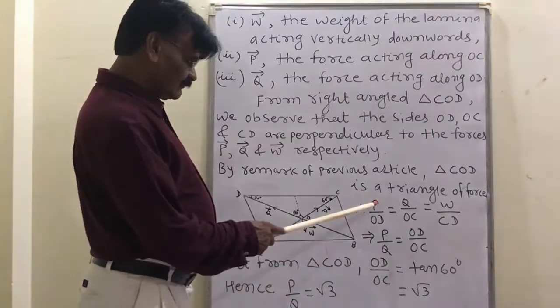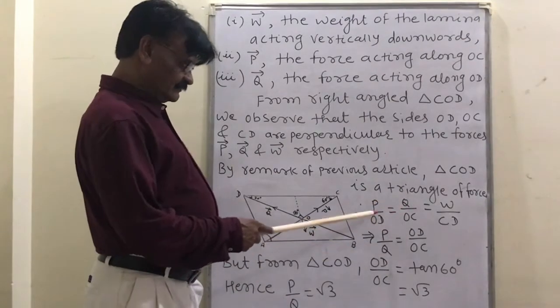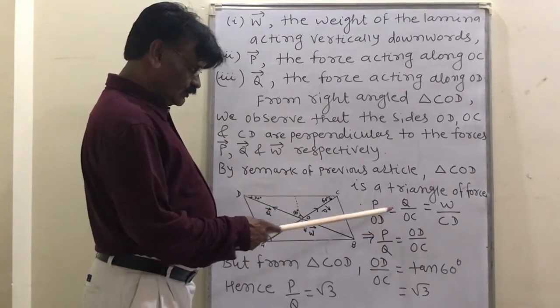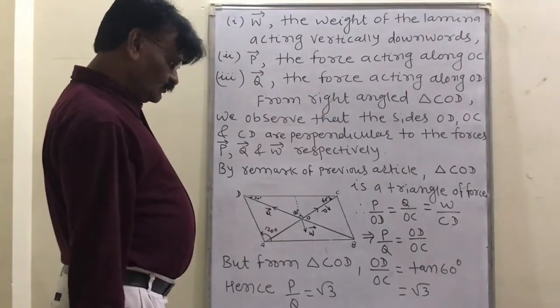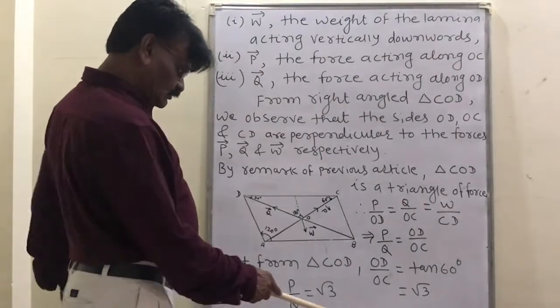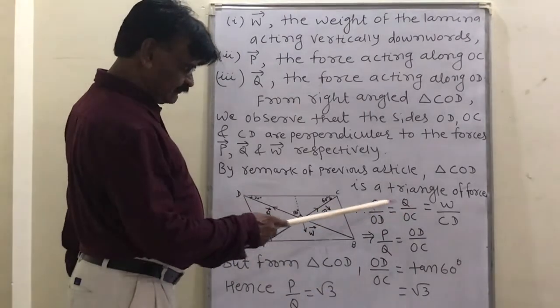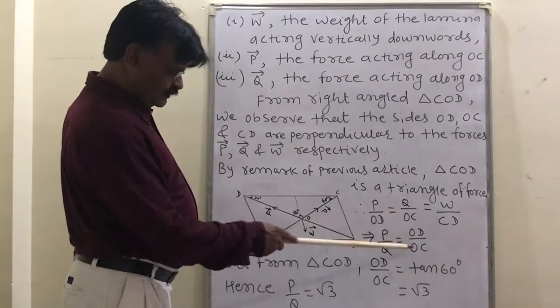If you consider the first and second, then P divided by Q is equal to OD upon OC, because we want to prove P is equal to under root 3 into Q. So consider the first two ratios, P divided by Q, which is equal to OD upon OC.